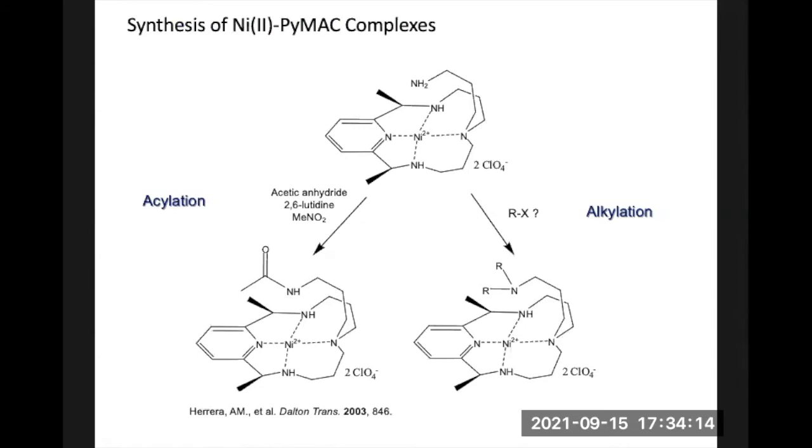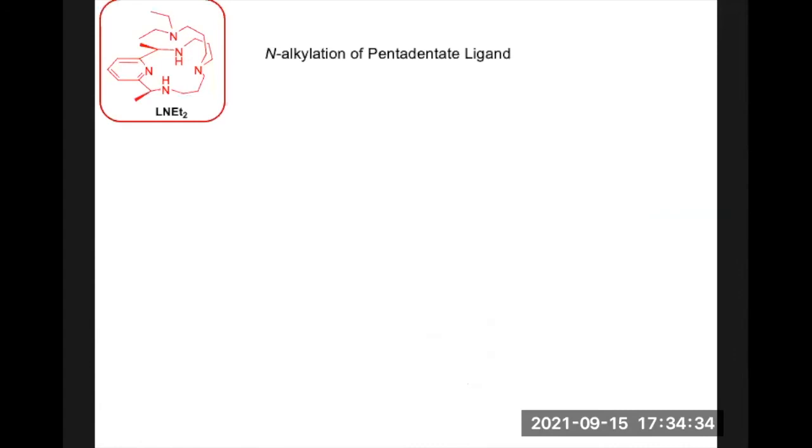Now, the acylation of the amine arm is facilitated by a nucleophilic substitution of acetic anhydride in the presence of a base. Thus, I believe that alkylation is also possible by a simple SN2 reaction with an alkyl halide.